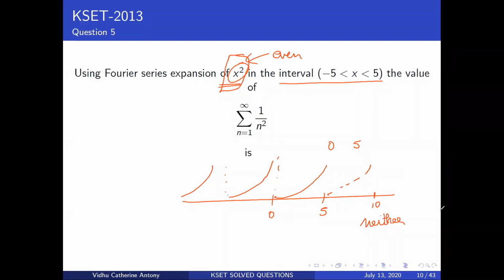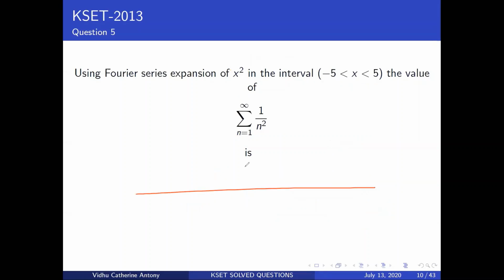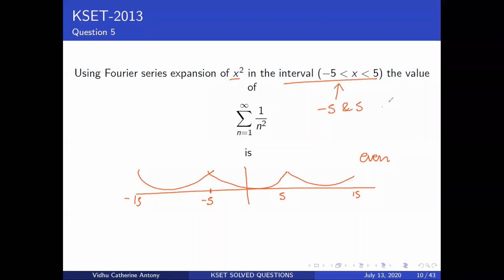The only way I'll get an even function is if I have something symmetric. So if I've got -5 and 5, then I have something like this. And if you repeat that in that same interval, say this is probably going to be 15, then I can say that my x squared is even in the interval between -5 and 5.